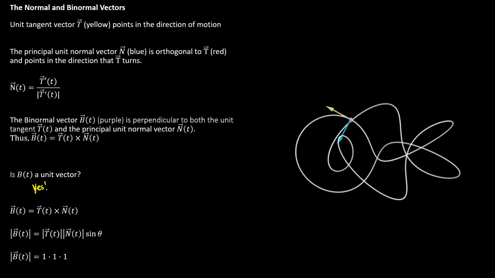These three vectors, T, N, and B, make up something that's called a TNB frame. There are actually a few different names for this moving frame. You can call it a Frenet frame of reference or a TNB frame. Basically what it does is give you a reference that's dependent upon your current position in time.